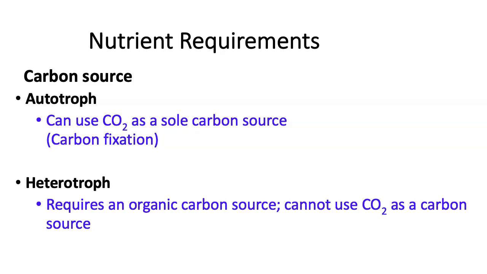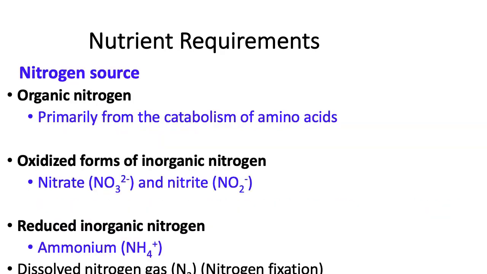Heterotrophs. Heterotrophs are microorganisms that require an organic source, but they can also use carbon dioxide as a carbon source for their nutritional requirement. Nitrogen source. There are some microorganisms that also require nitrogen source, but in other form.